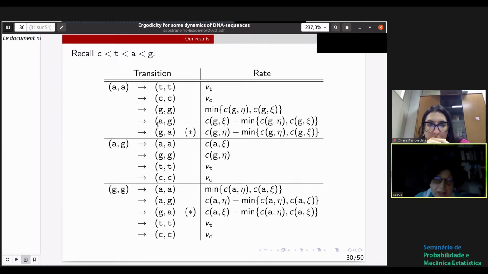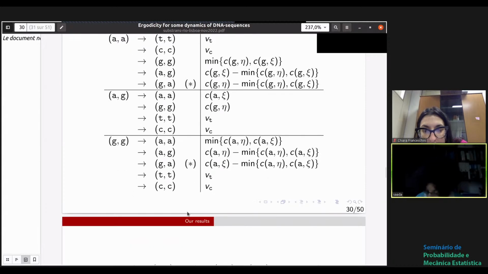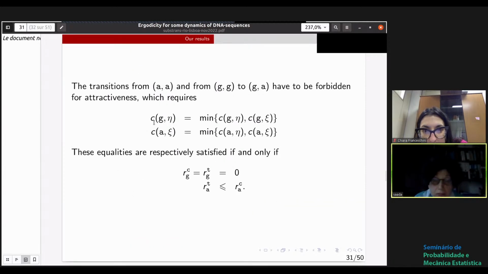So for AG, it's CG psi minus the minimum, and here it's CG eta minus the minimum. But if eta is less than psi, it's okay to have A less than G, but we don't want GA here. So we want this rate to be 0. Here we do the same, and we also want this rate to be 0. So if we put this, then we enter the rates and we get these 2 conditions.